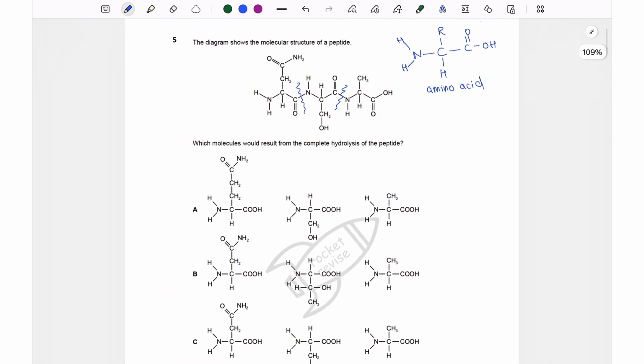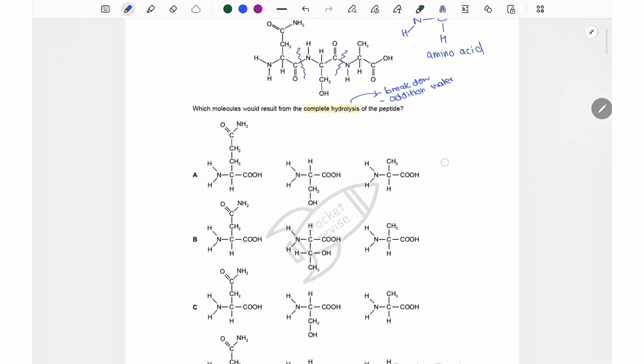Which molecule would result from a complete hydrolysis of the peptide? Hydrolysis is breakdown. What happens in hydrolysis is that you have an addition of water molecule at each point where the hydrolysis takes place.